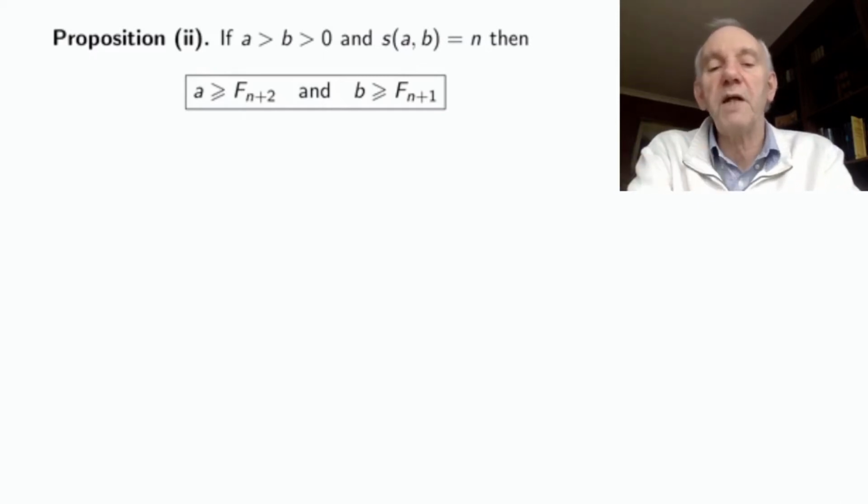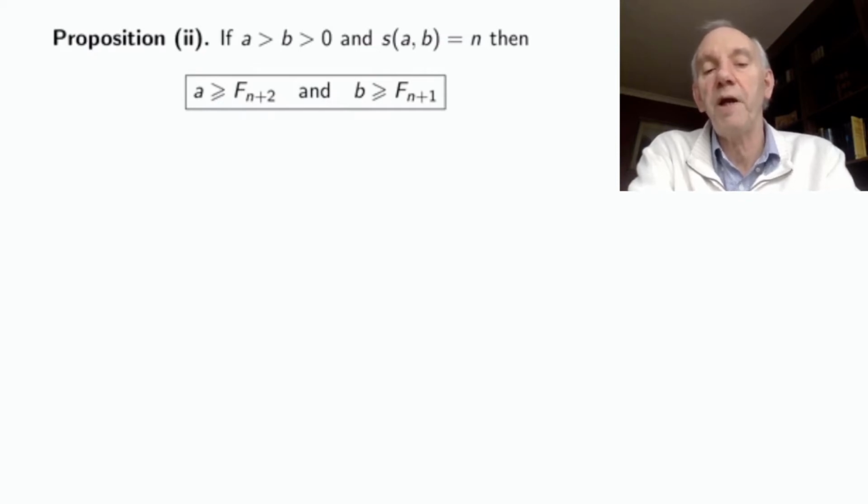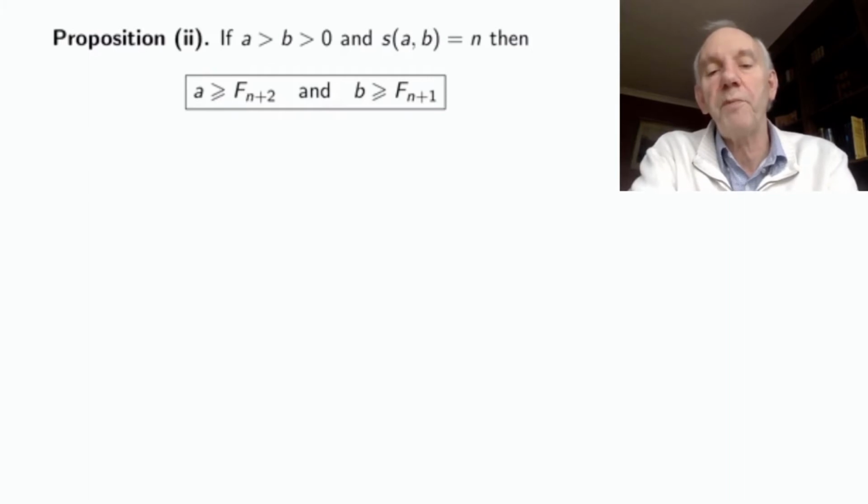That's quite a lot of steps, at least if you're doing it by hand. What the proposition is telling you is that if you need 100 steps, the numbers you started with are bigger or equal to these Fibonacci numbers. In particular, they're both bigger than the nth Fibonacci number. So if you need 100 steps, the numbers you started with are both bigger than the 100th Fibonacci number.